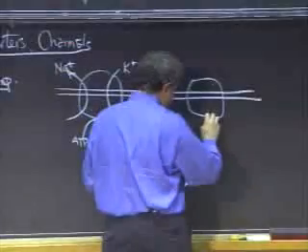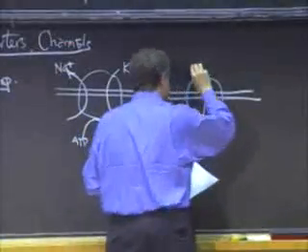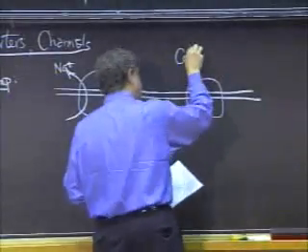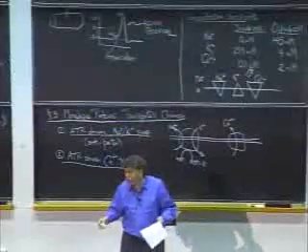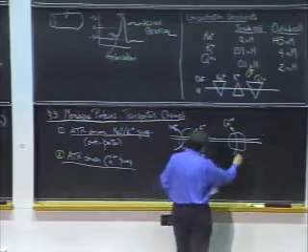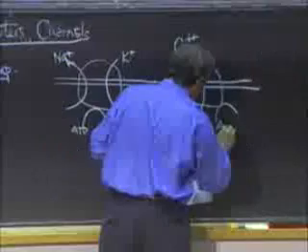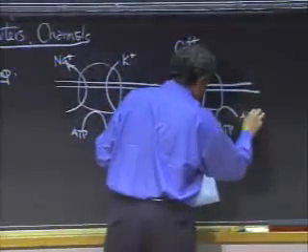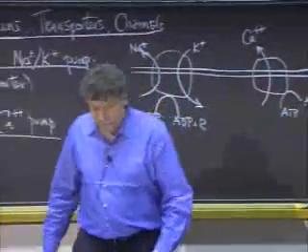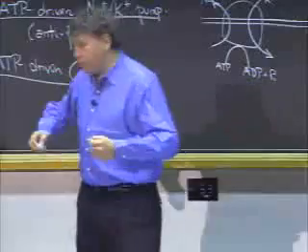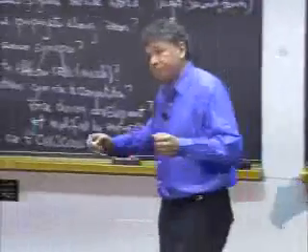It transports a calcium ion out of the cell, and it happens not to do that in exchange for any other ion. And it, too, is driven by ATP. So we go pump, pump, pump, keep going.